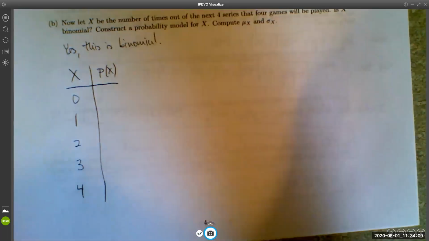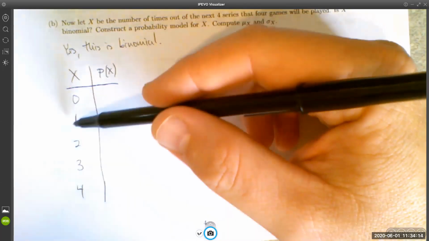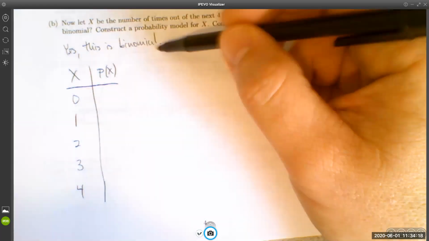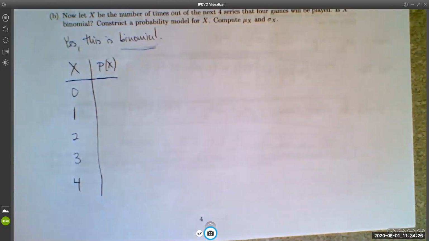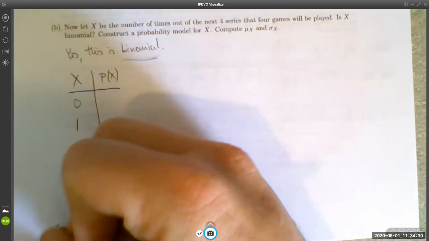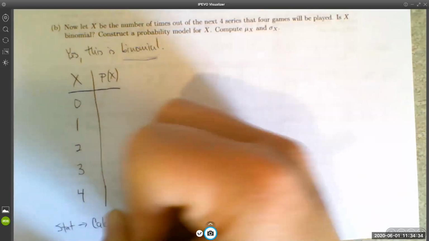Now, if we want to compute the probability that x is 0 or 1 or 2 or 3 or 4, then since this is a binomial variable, we can use the binomial calculator in StatCrunch to calculate these values. So we're going to go to Stat, Calculator, Binomial.